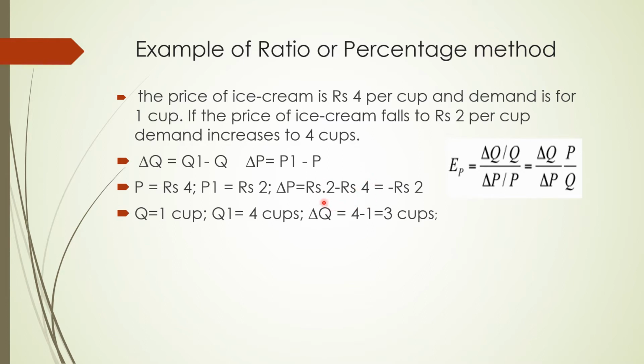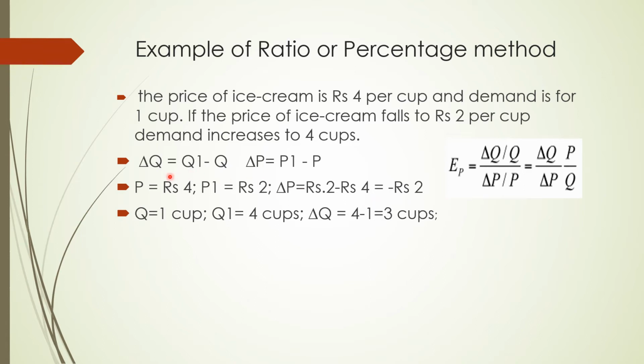According to maths, we cannot actually subtract a bigger amount from a smaller amount, but if you are subtracting, you have to give a minus sign. So that's why here minus 2 rupees is left. We got delta P. Is it clear for everyone, I think. Delta P equals P1 minus P. Here P1 equals 2 and P equals 4. So 2 minus 4 equals minus 2.